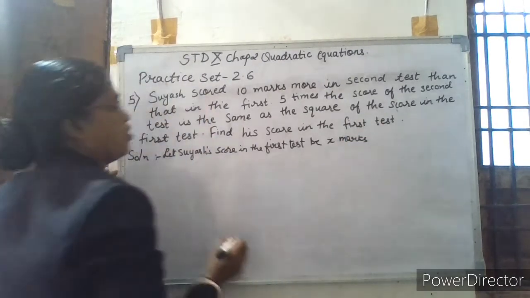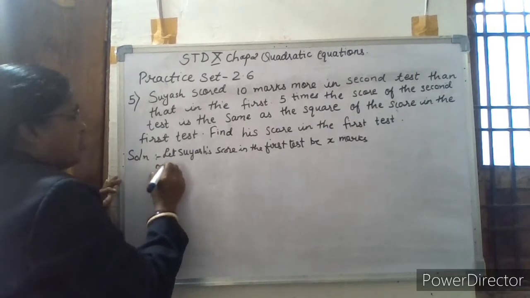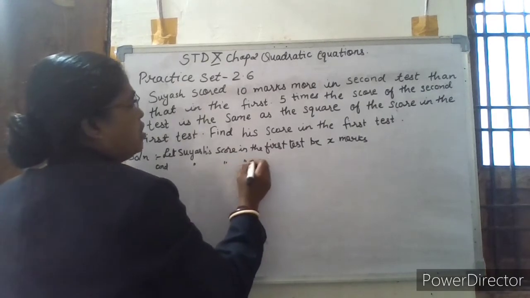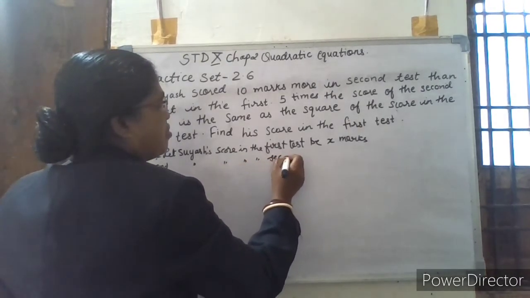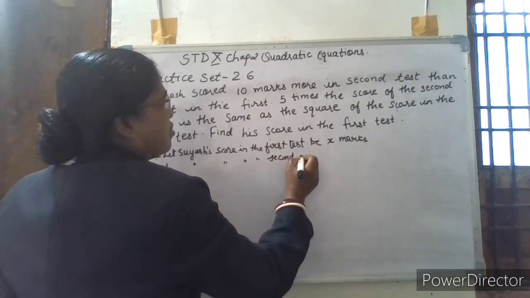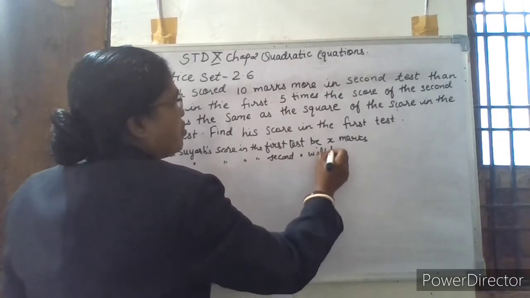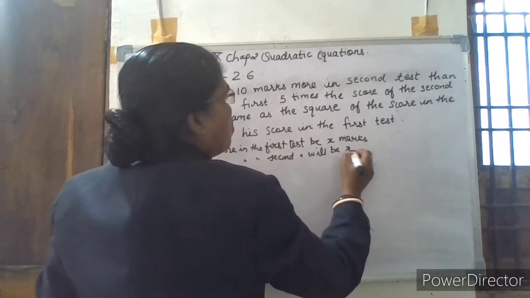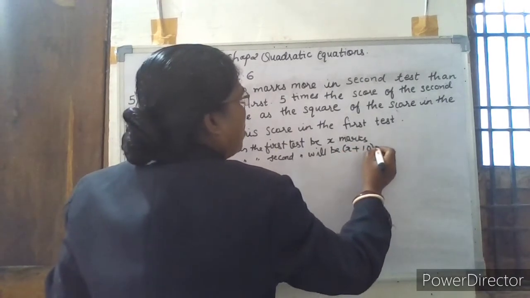Therefore, Suyash's score in the second test will be 10 marks more, so x plus 10 marks.